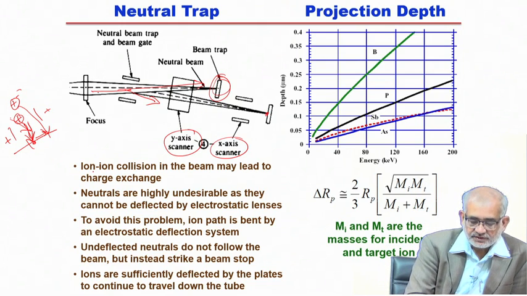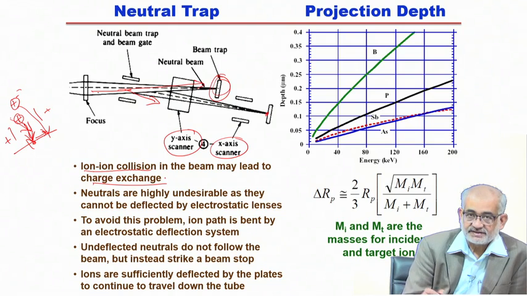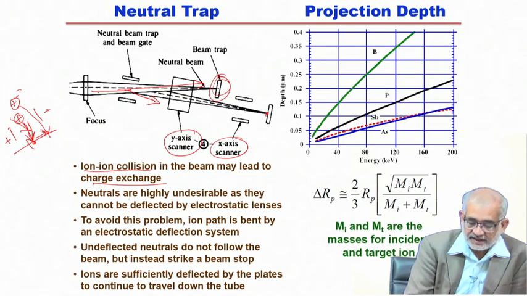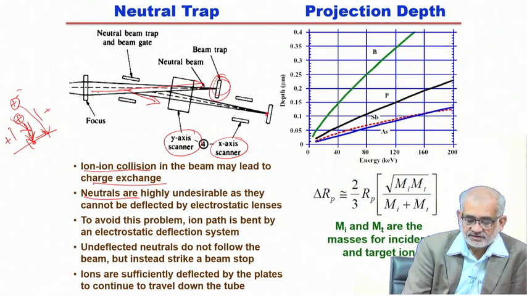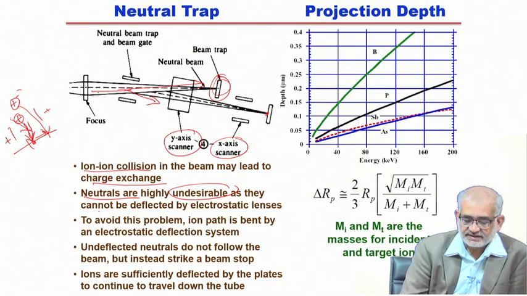Ion-ion collision also may lead to charge exchange. So some amount of charge exchange can take place, but not between neutral and ions. I already told you that the neutrals are fairly undesirable for the reason I explained.